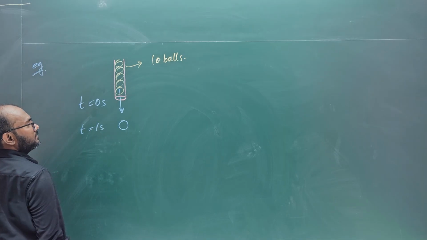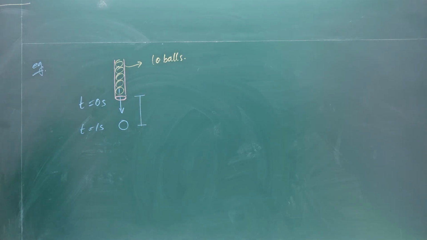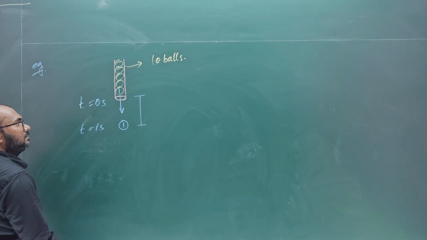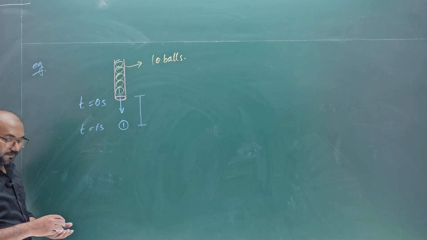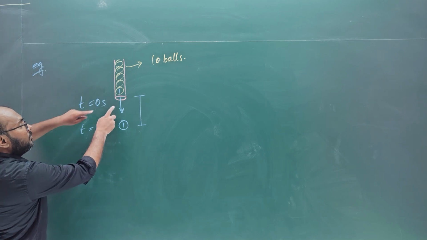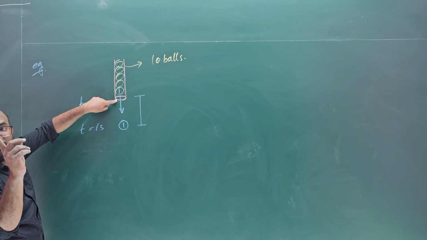Consider it reached here. Can I say it traveled some distance? Yes. After one more second, when ball 1 is here, the second ball got dropped. So the second ball will be here, the first ball will be here. After how many seconds? 1 second.